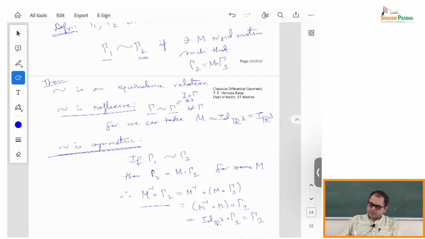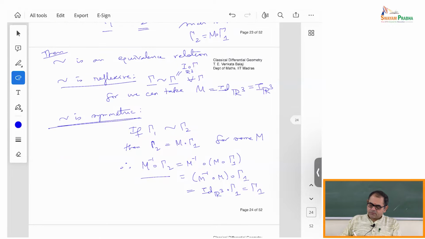So that means gamma 2 can be moved to gamma 1 by using m inverse. If gamma 1 is moved to gamma 2 by m, then gamma 2 can be moved back to gamma 1 by m inverse.